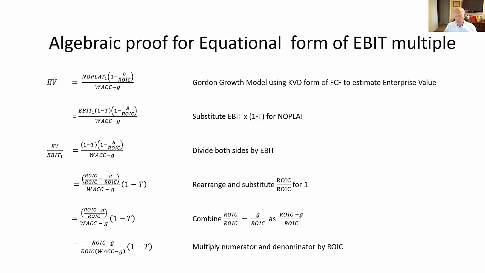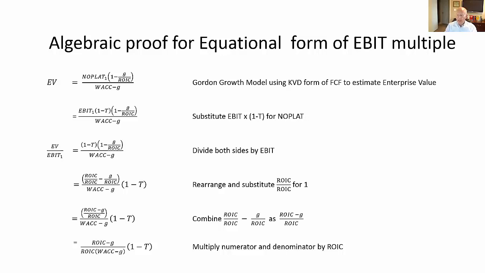You'll find in most cases that it is extrapolated further by working through some of the algebraic tools that we have. The next thing I do here is move that 1 minus T over to the right, so we're still multiplying by it. I substitute ROIC divided by ROIC for 1, because anything divided by itself is equal to 1.